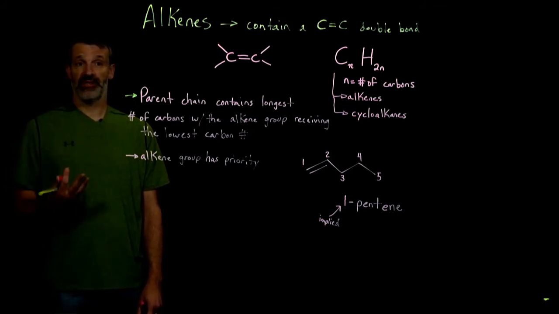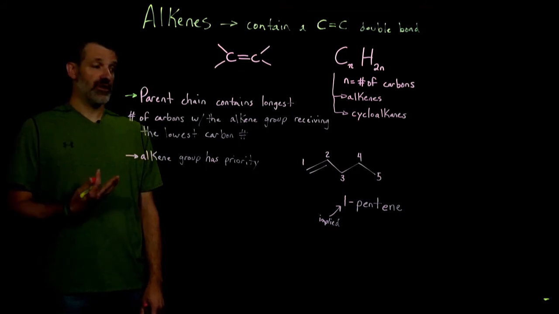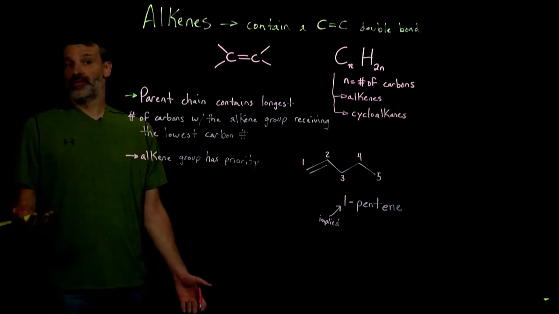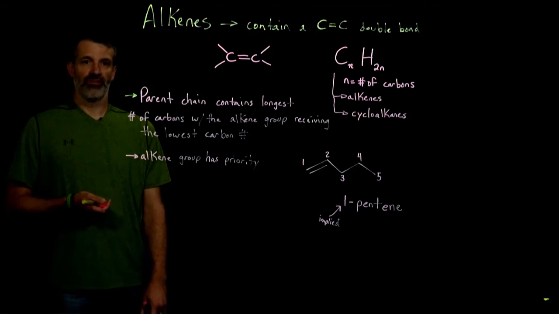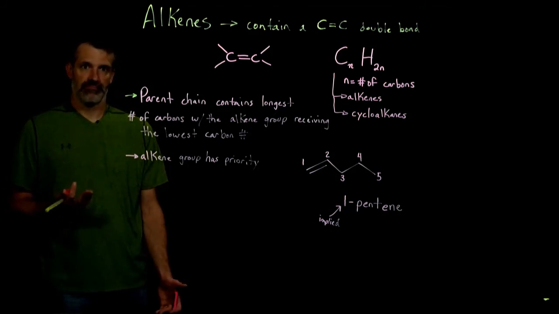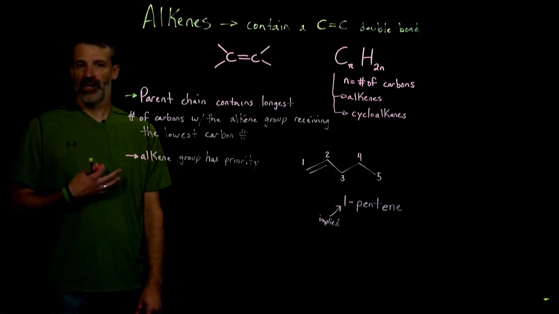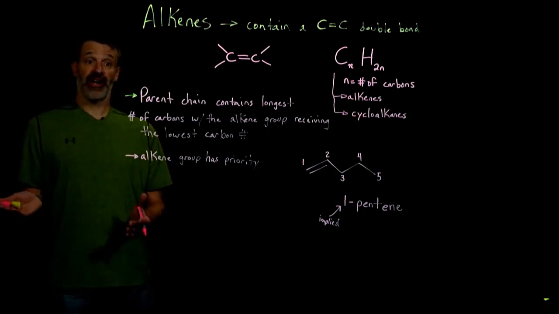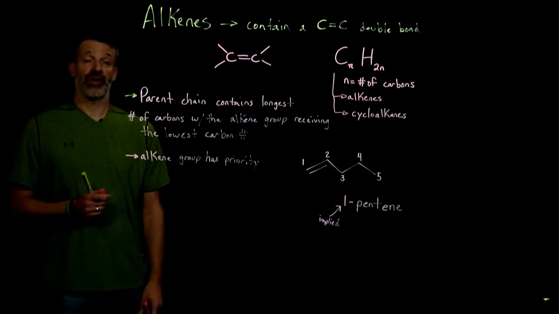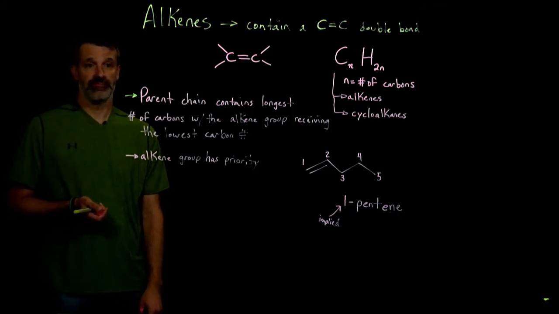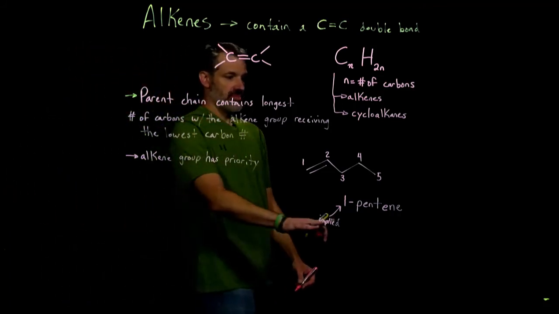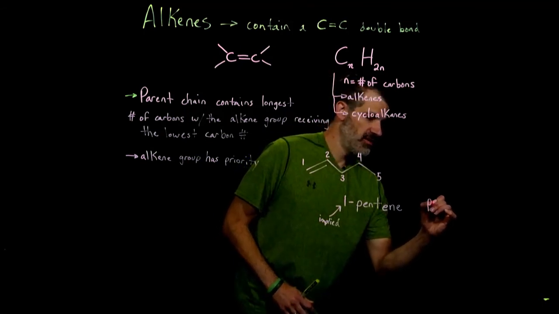You do not have to place the number 1 in front of something that's called, say, bromobutane. It's implied that the bromine is located on carbon 1 unless otherwise specified with a number greater than 1. So here we can say just pentene.